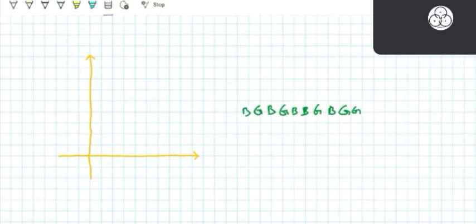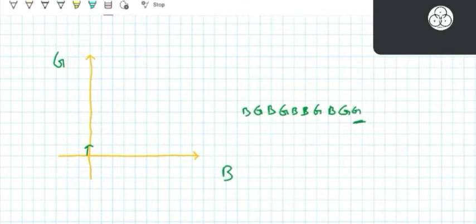Let this axis denote girls, this axis denote boys. This is the first position. First position, one girl comes. I'll go one girl. This is our first step.